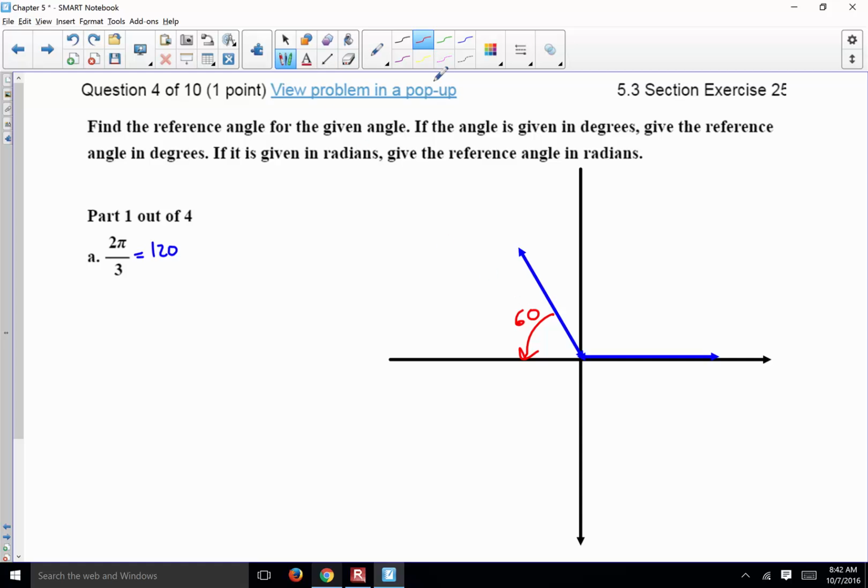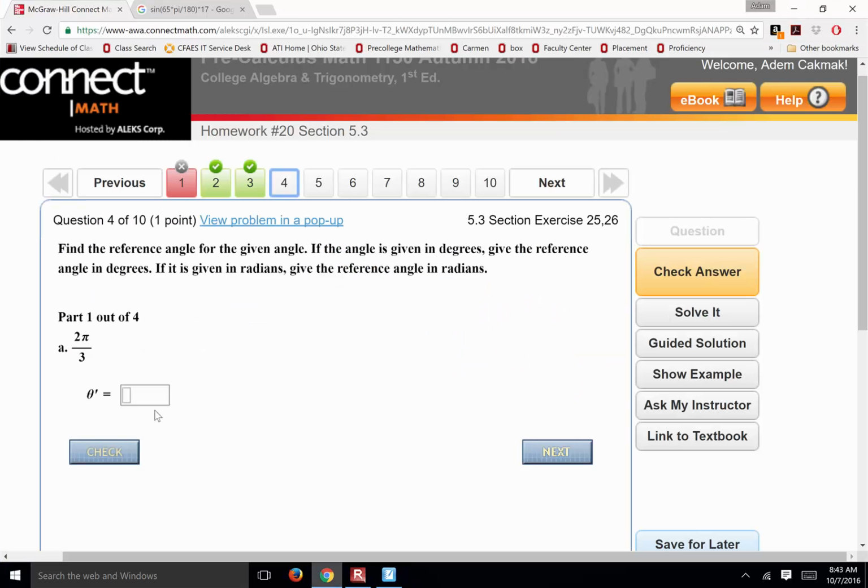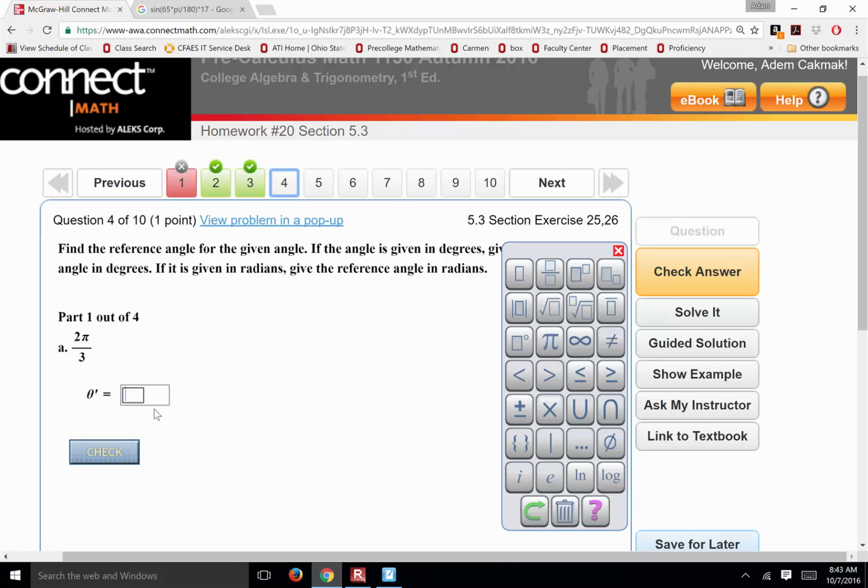So the reference angle is 60, but you're not allowed to enter 60 here. Turn this into radian, which is, how do you do that? It's multiply pi over 180, pi over 3, right? So you don't have to worry about that sign on this one, it's already radian.